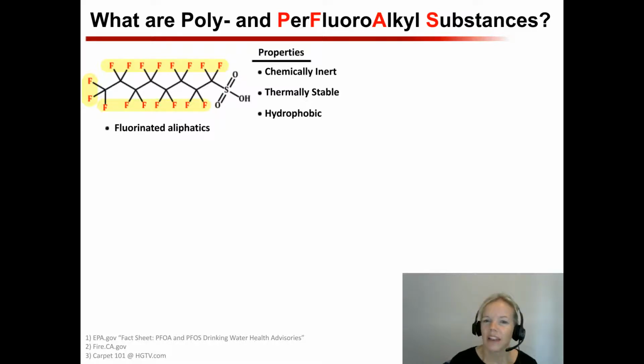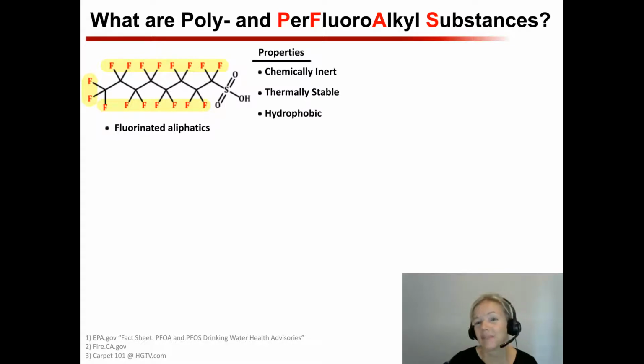And this allows them to be chemically inert, thermally stable, and hydrophobic. And what those properties enable is that allows you to basically not have them bind with water or with grease. And so people like to use these in stain stick and in raincoats and Gore-Tex material to keep the water and the grease away from the different materials.